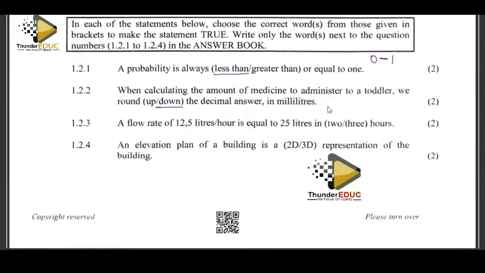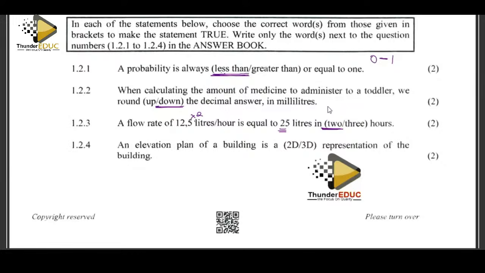A flow rate of 12.5 liters per hour is equivalent to 25 liters in 2 hours. Just get this when you multiply: if in only 1 hour you have this, what about 2 hours? You'll have this much. So here the answer is supposed to be 2.